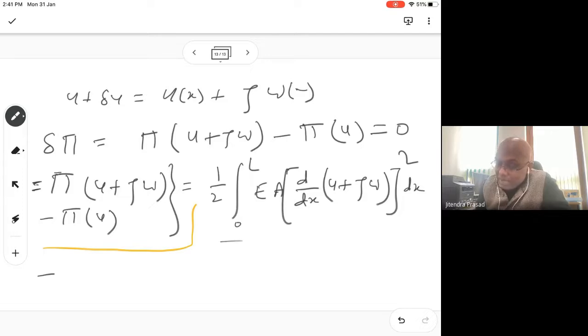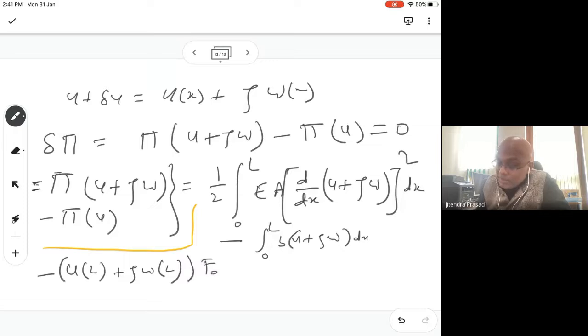We have the forces, so let's write the forces here. Minus integral 0 to L of B u dx minus f naught times u at L. But we have u plus zeta w, so integral of B times u plus zeta w dx minus u, minus u at L plus zeta w at L, multiplied by f naught.